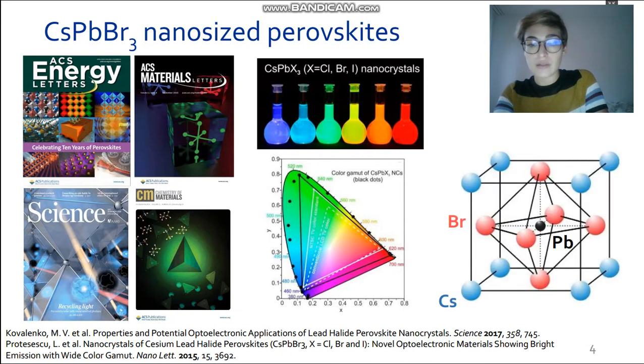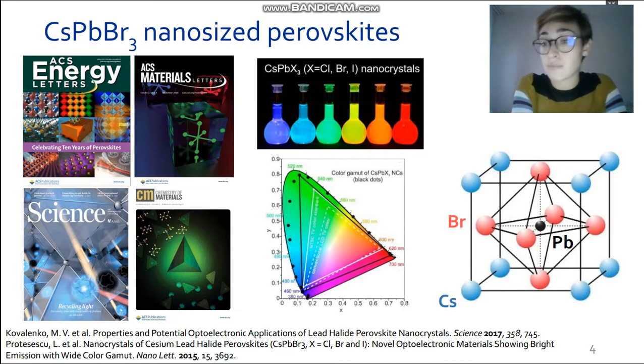Cesium-lead bromide nanocrystals show the typical perovskite structure, consisting of a 3D framework of corner-sharing octahedra, where lead ions are coordinated by bromides and cesium cations occupy cuboctahedral cavities.